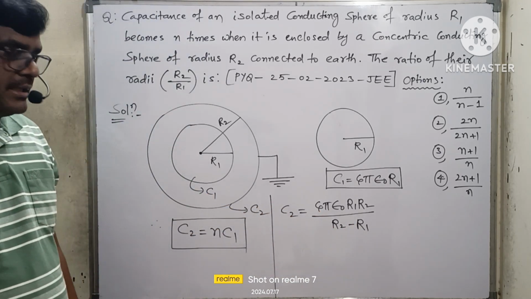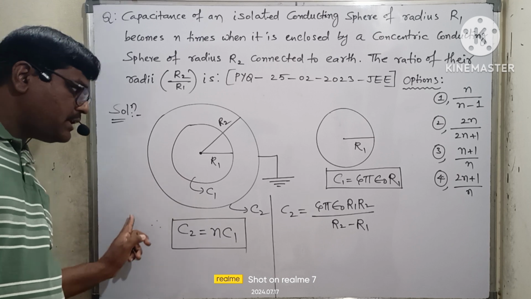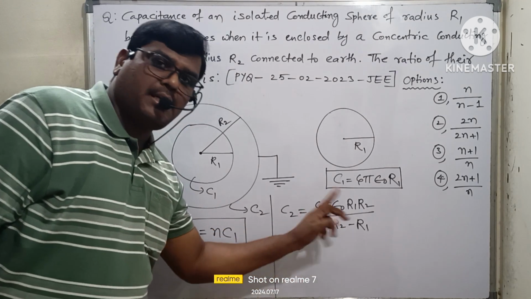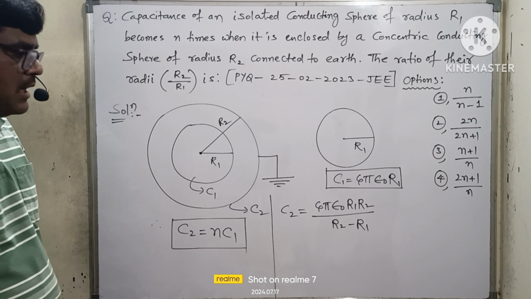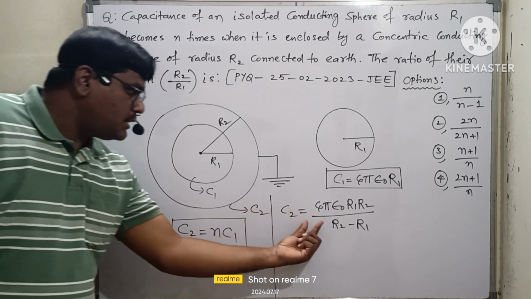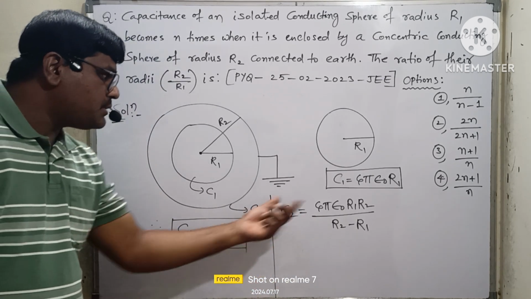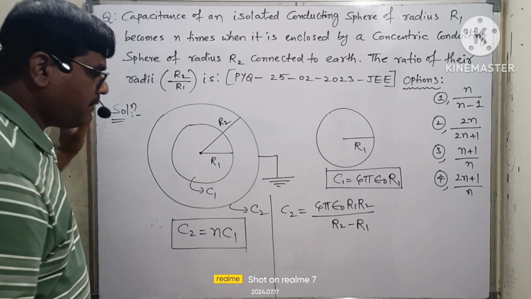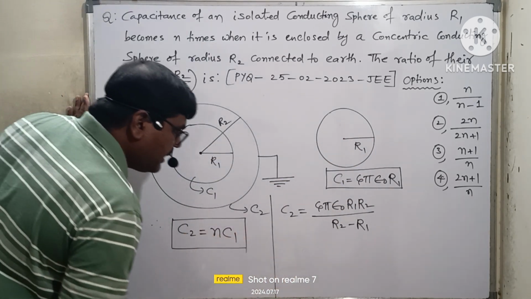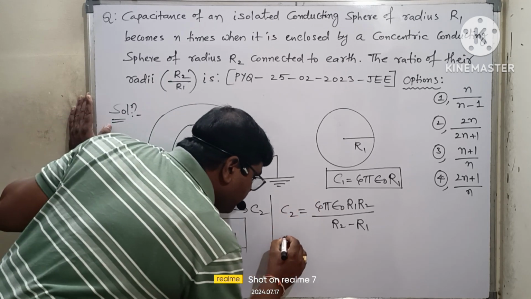If the inner one were connected to the earth, we would take R1 minus R2. Of course, we know the values of these, so we can substitute here. So C2 is nothing but this.